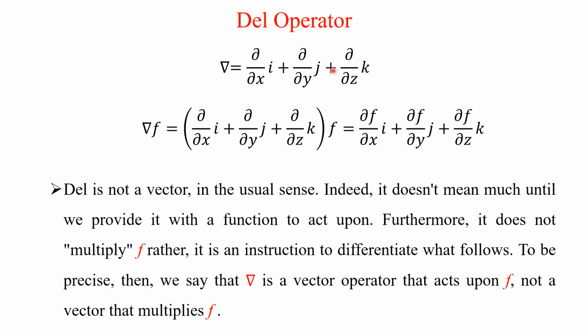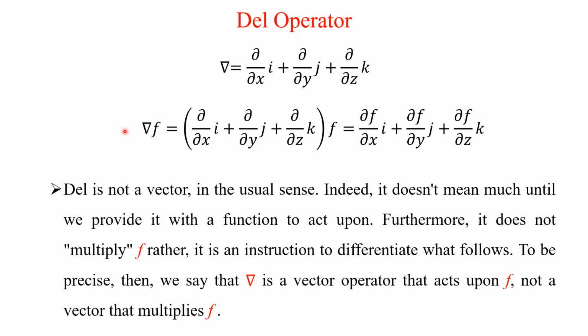Here i, j, k are unit vectors along the x, y, z directions respectively. So when some function is acted on by this del operator, you can write it like this: ∂f/∂x i plus ∂f/∂y j plus ∂f/∂z k.